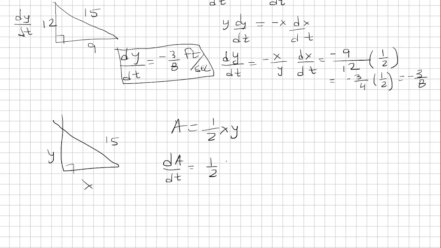So the derivative of x is dx over dt times y, plus x times the derivative of y, which is dy over dt. We said that the base of the ladder is 9 feet. So that's similar to up here. That means y has to be 12.